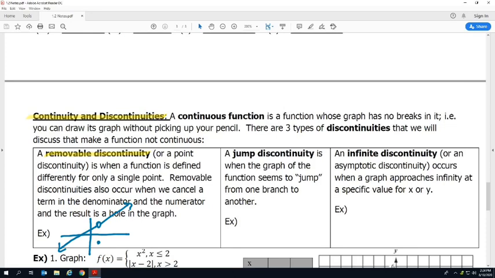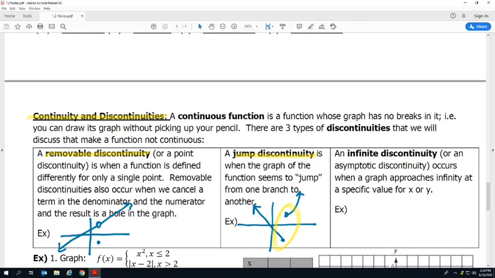A jump discontinuity is where you jump to finish it, kind of like on our last example. So if we look at a picture, if you have like a line here and a quadratic over here, this part right here represents a jump. You had to jump in order to finish the graph. Take your pencil off the paper to finish it.